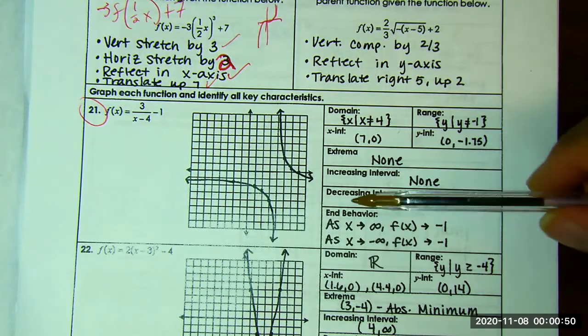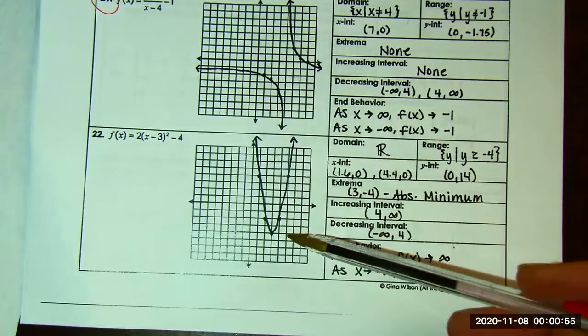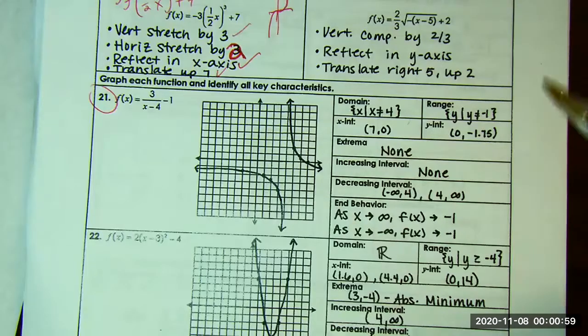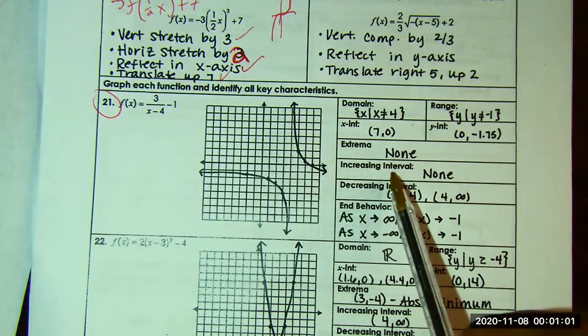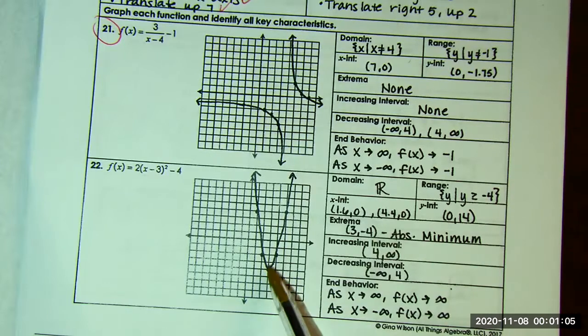Extrema, none, because this has a minimum, not even a relative minimum, an absolute minimum. This doesn't have any extrema, so we say none. Increasing interval, none. It's not increasing anywhere. Here, it's increasing from, oh wow, what number is this? 1, 2, 3, 4. I got 1, 2, 3.